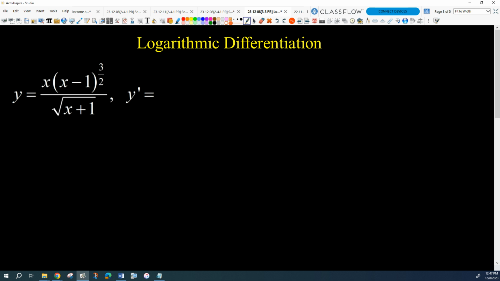It's an equation, so as long as I treat both sides equally, I can take the log of both sides and it would still be equal, right? So the log of y would then equal the log of that mess.